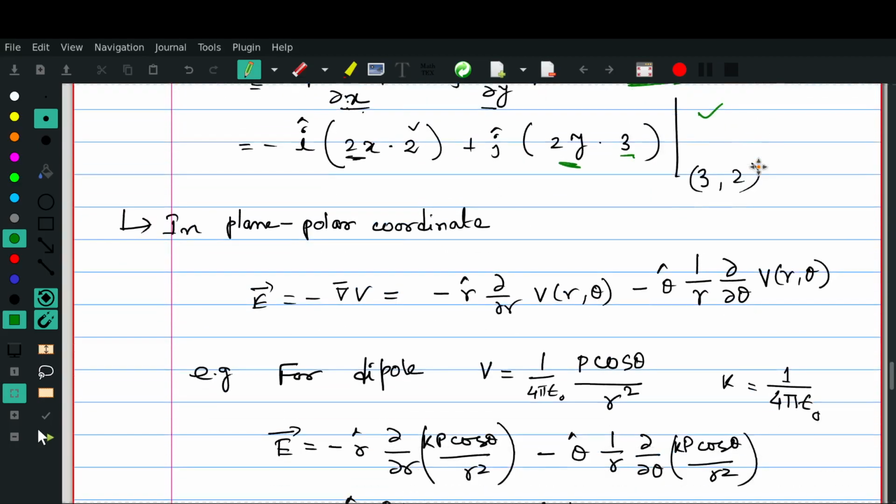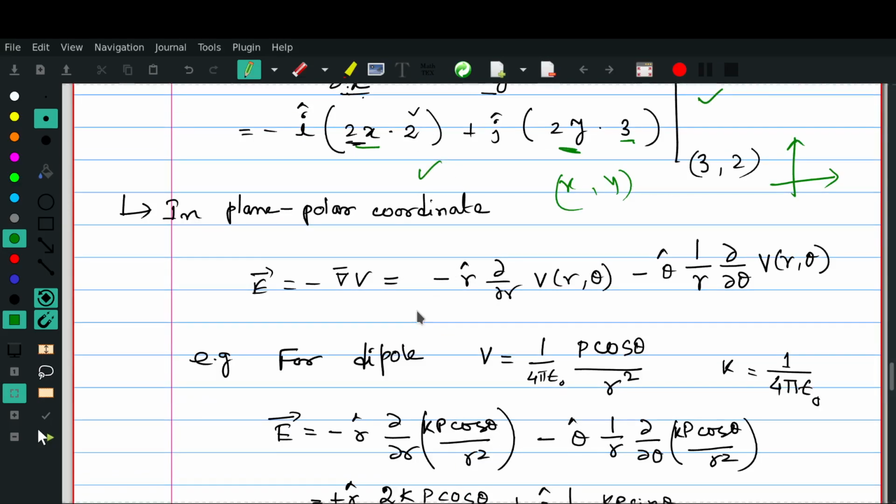Similarly, we have done this in Cartesian coordinates, where we have x, y, the rectilinear coordinate system which we call Cartesian coordinates. For Cartesian coordinates this works. But let's say you are given a potential in plane polar coordinates, a function of r and theta.